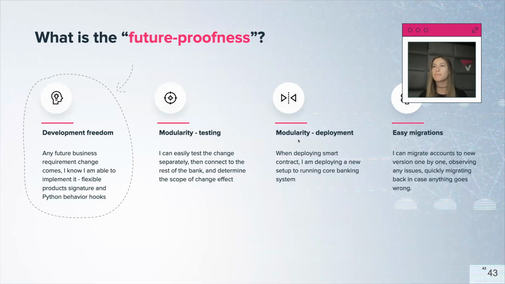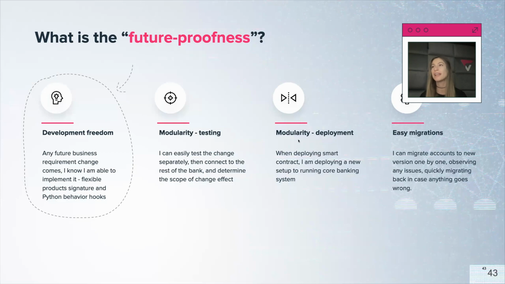And connected to the modularity within deployment is another point of future-proofness, which is related to the easy migrations that we talked about. In future, if I have to migrate accounts from an older version of the smart contract to an updated version, I know that I am easily able to do so just by setting the new version of the smart contract for a given account. I have a great level of automatic monitoring.